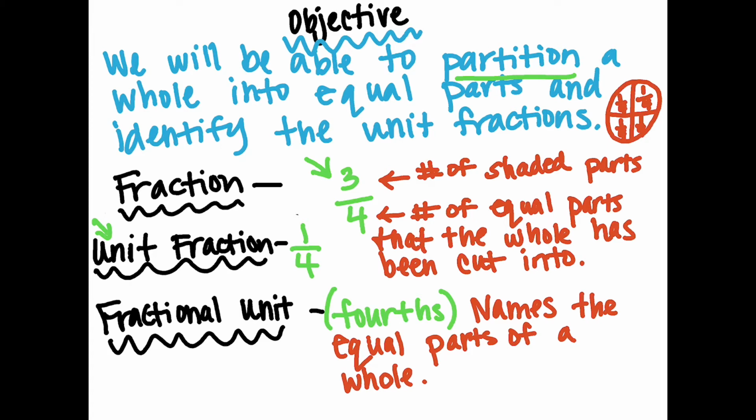It always has a 1 on top. It's each piece. And then we have fractional unit, and that names the equal parts of the whole. So in this case, for 1/4 or for 3/4, our fractional unit is fourths. Okay, that is the name, the equal parts of a whole, okay?